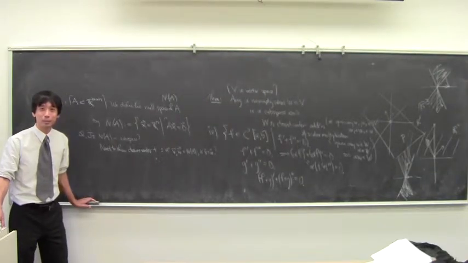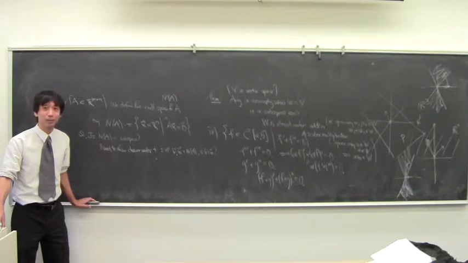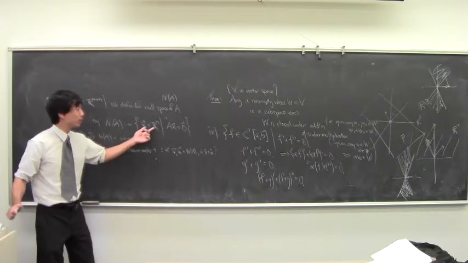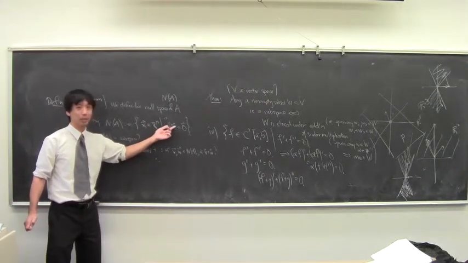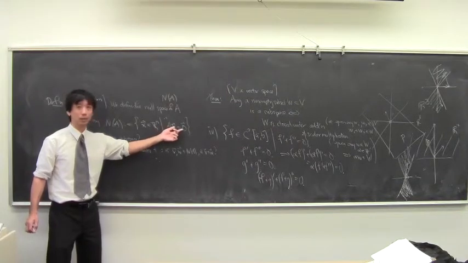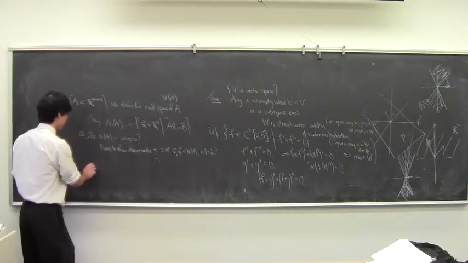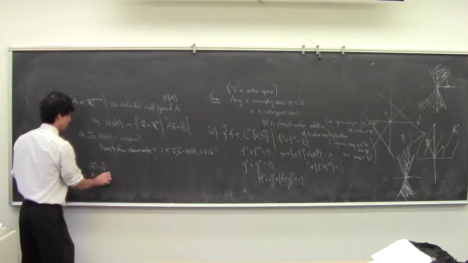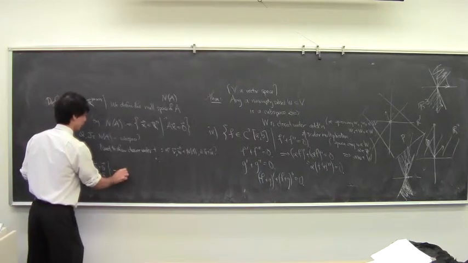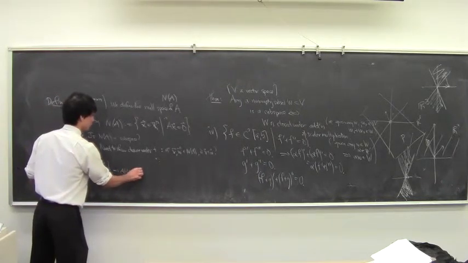Okay. Zane is nodding. Andrew's nodding. Why? Well, if you've got somebody in the null space, it means you get killed by the matrix. It sends you to 0. So you know that AV is equal to 0 and AW is equal to 0. Does that imply that A times (V plus W) is the 0 vector?